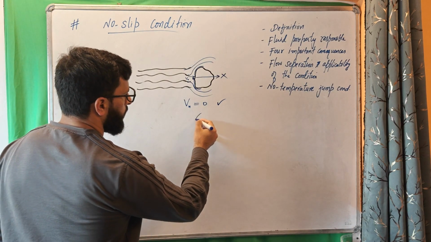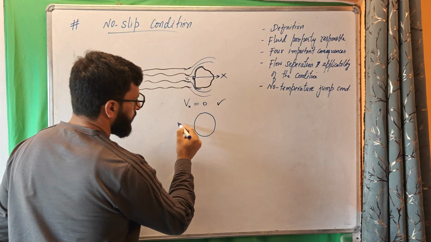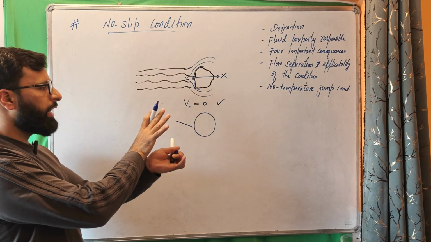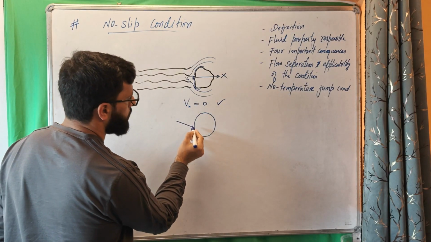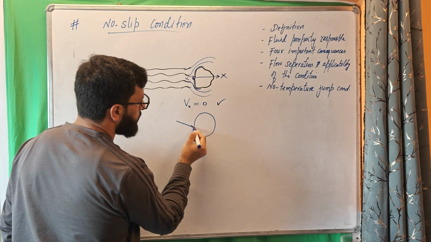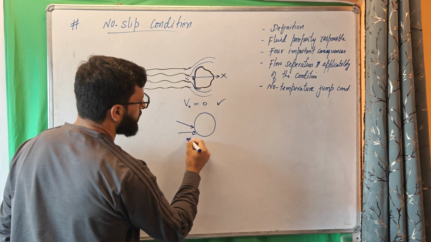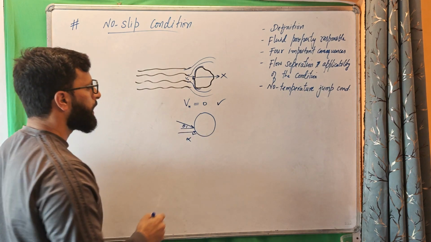But now the question arises, what if the layer that has to come in contact with the solid surface does not come at 90 degree angle to the surface, but comes at some angle, say theta.